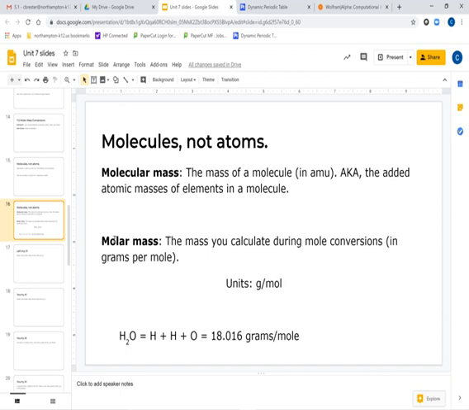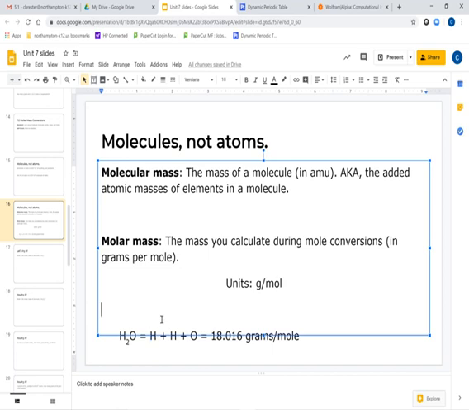Then, if we are scaling up to molar mass, if we had 1 mole of it, it would be 18.016 grams per mole. So all that you're doing is adding up each individual atom of the elements that form this molecule.